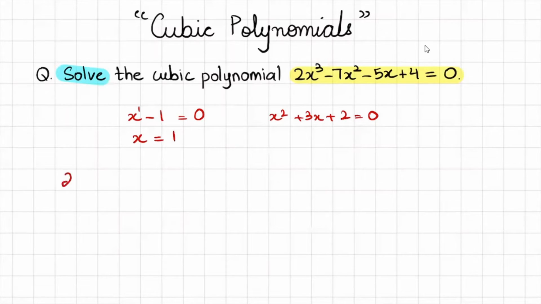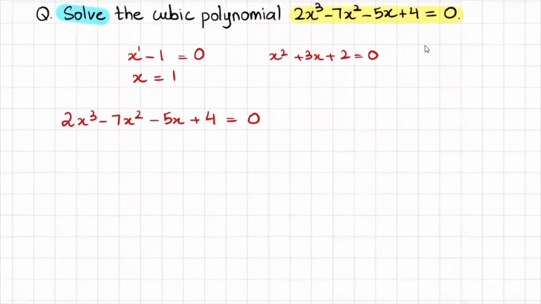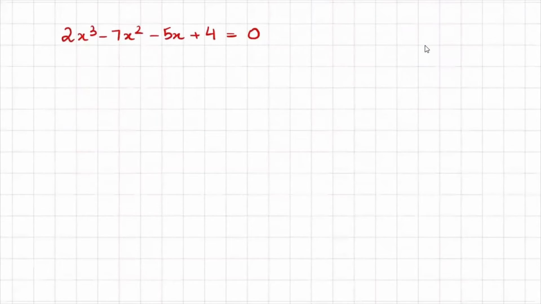So we have the equation 2x cubed minus 7x squared minus 5x plus 4 equals 0. I just told you that there would be 3 answers. I'm supposing there are 3 answers here, so I'm going to rewrite this and write 3 brackets instead, because I will be having 3 brackets in my answer.